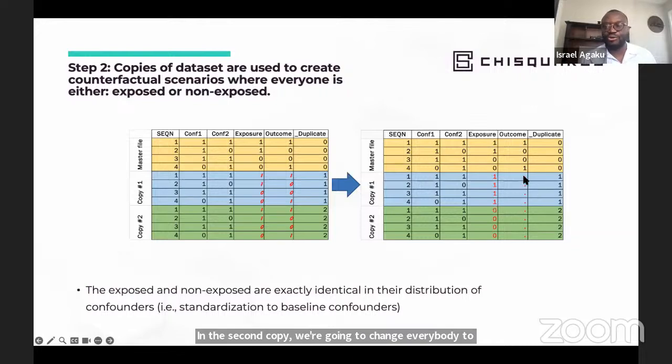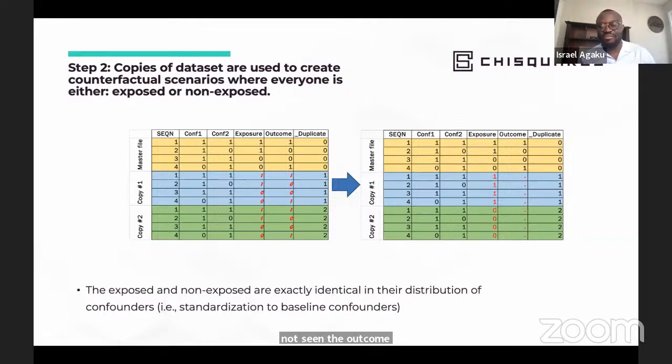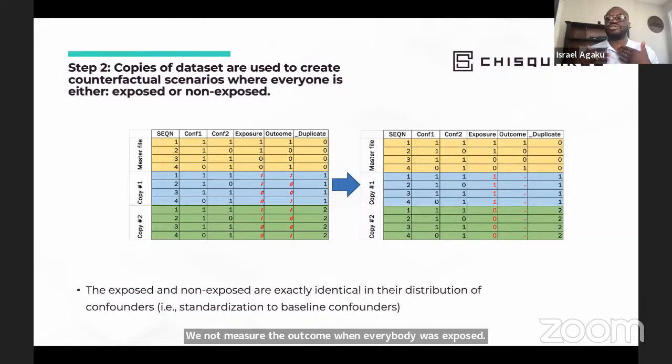And then we're going to put missing values in the outcome column, for both the first and second copies, right? Because obviously we have not seen the outcome yet. We did not measure the outcome when everybody was exposed or everybody was non-exposed. That is what we're trying to capture counterfactually.